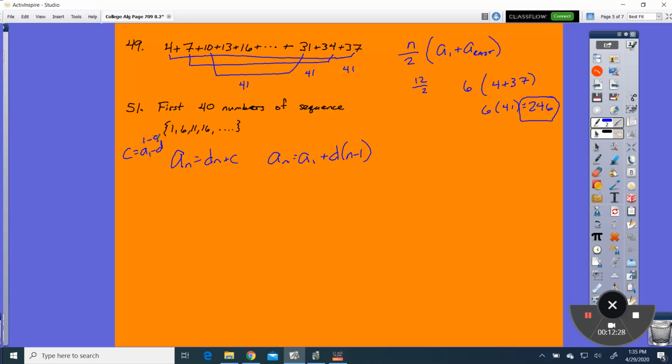So 1 minus 5 would be negative 4. So 5n minus 4, or if I plugged them in over here, a_1 is 1. The difference is 5, n minus 1. 5n minus 5. 1 and negative 5 make negative 4. Add that to the 5n. So I get the same thing each time. So the 40th number, I'm going to plug 40 in for that.